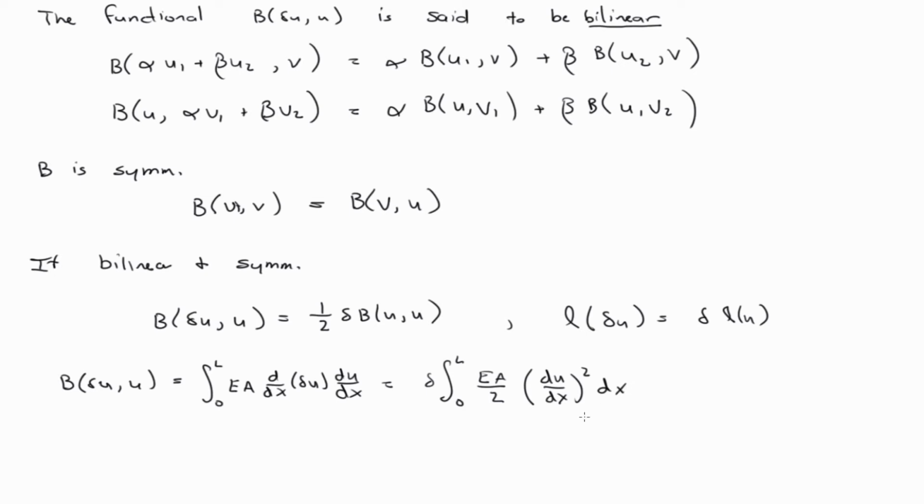Go back and look at your notes. This is where we started. We had a term that looked like that, and I took the variation of that guy, and because of the way the variational operator commutes with the differential operator, you can use the chain rule, so you have 2 d(del u)/dx du/dx, right? And so that is equivalent to that. Therefore, if this is that, then it's also that: 1/2 B(u, u), which is what we have here. Okay?